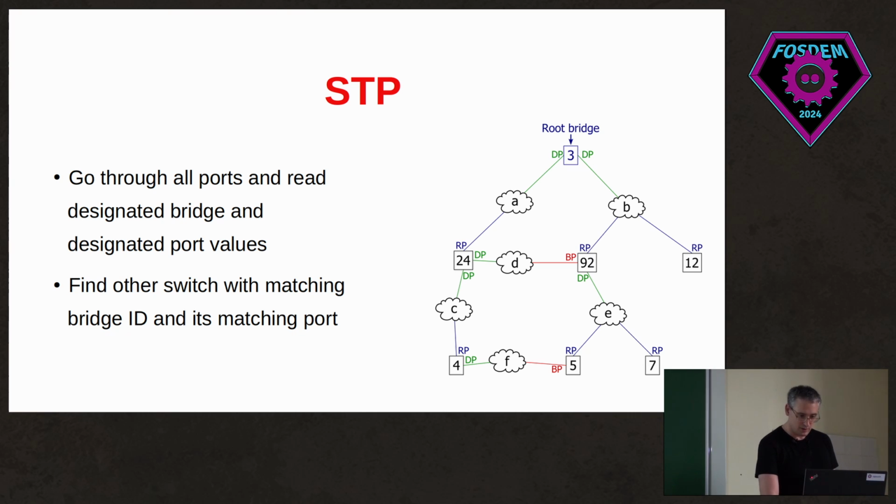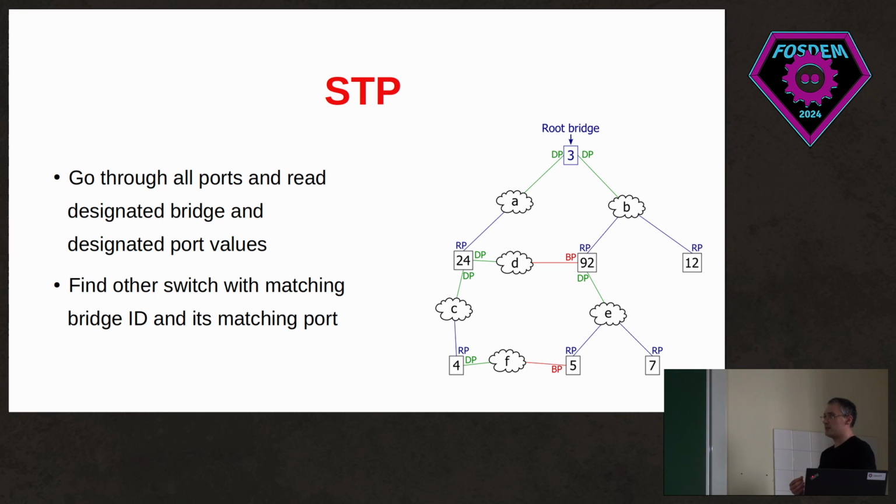Switches will also elect designated ports that are pointing to other switches that also support spanning tree. So we will go through all ports and read designated bridge and designated port values.